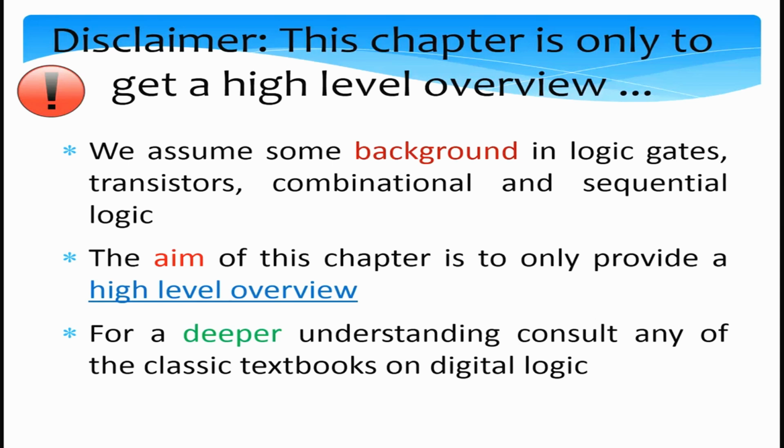The assumption is that students have at least some background in logic gates, transistors, combinational and sequential logic. Then in this chapter you can recapitulate all of those concepts and also get a high-level picture of all the elements that we need from the point of view of designing a processor. For a deeper understanding, if required, students can consult any of the classic textbooks on digital logic.